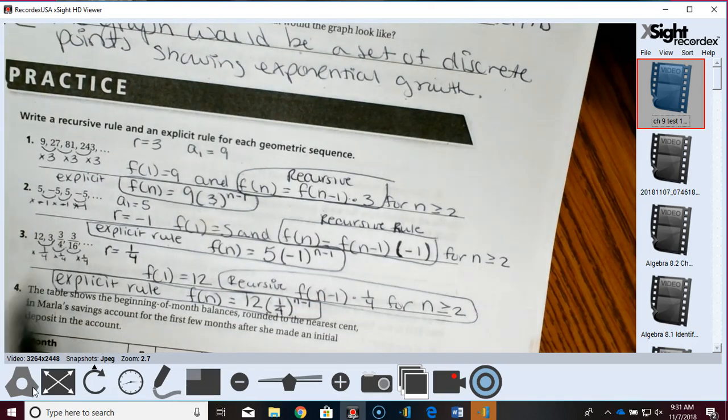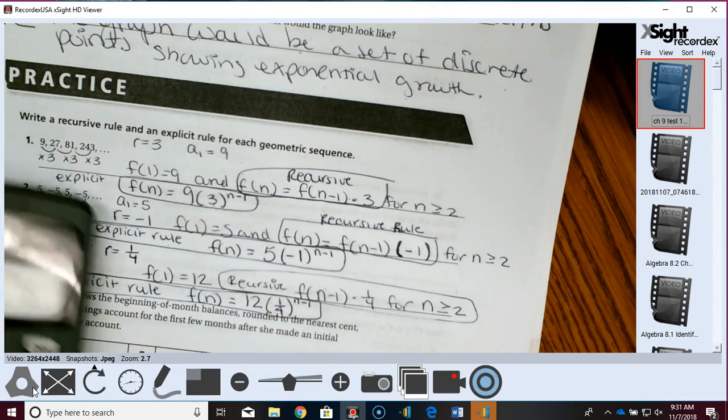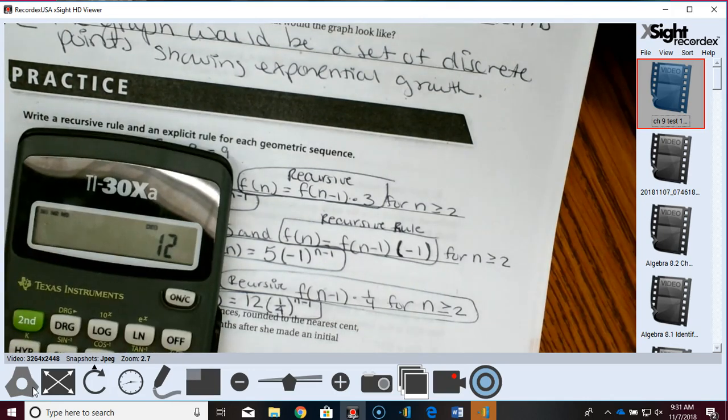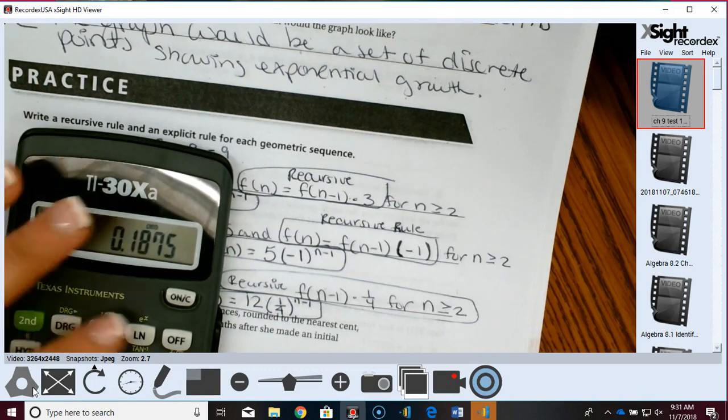The fourth term. 4 minus 1 is 3. 1/4 to the third would be 1 over 4 times 4 is 16 times 4 is 64. 1/64. 12 over 64 reduces to 3 over 16, which is our answer.